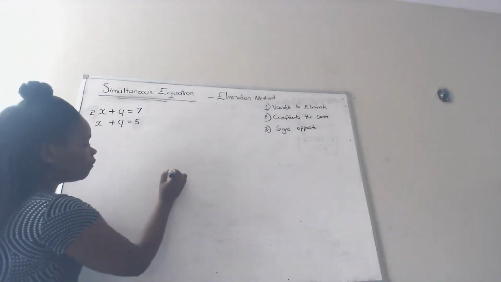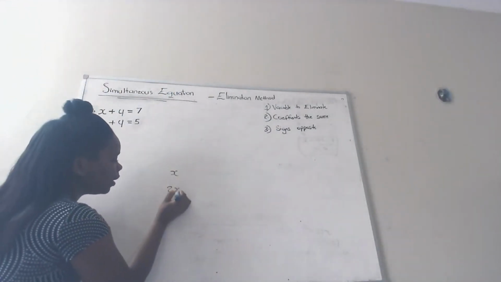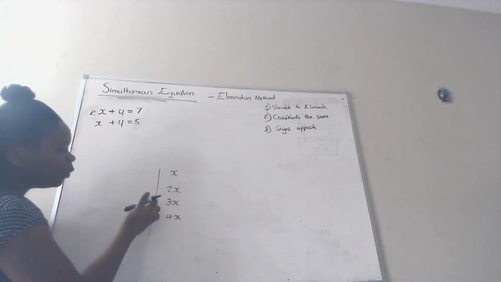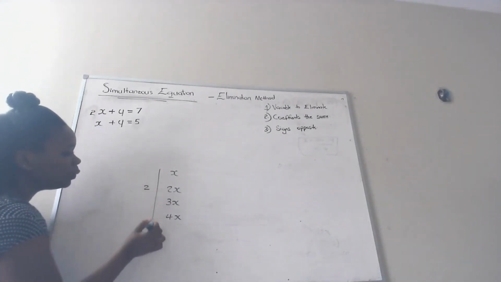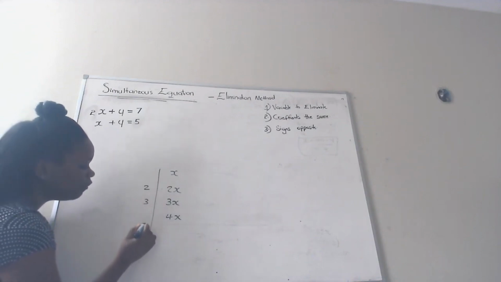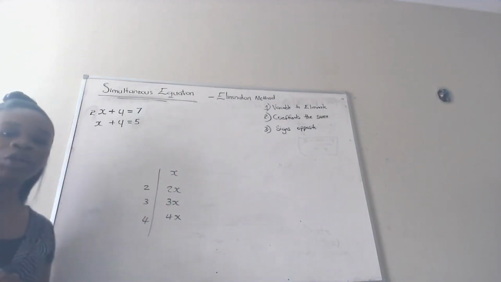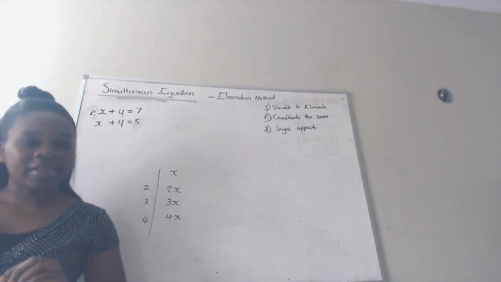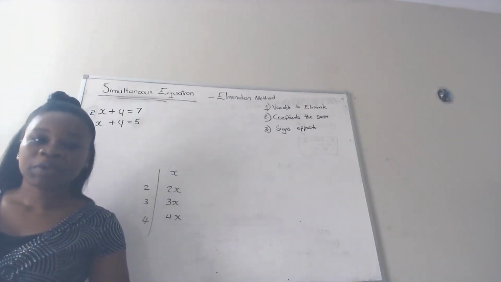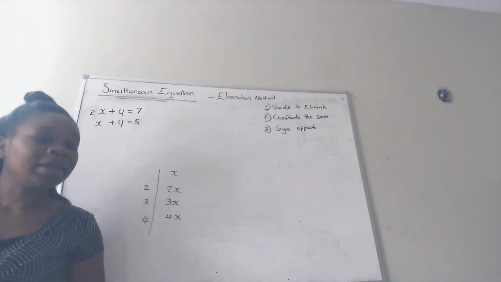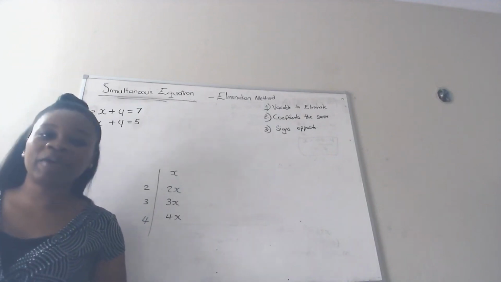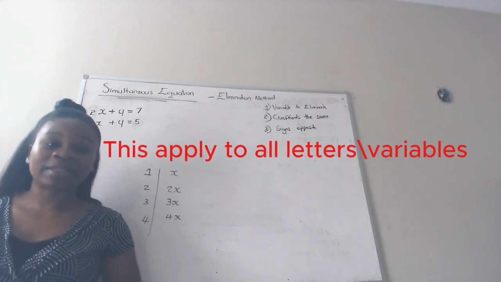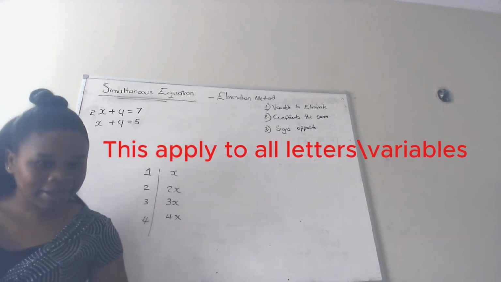For example, if I have x, 2x, 3x, 4x, the coefficient of 2x is 2, 3x is 3, 4x is 4. Now, what's the coefficient of x? I cannot see it. That's because it's invisible. So when you don't see it, it is invisible, and that coefficient is 1. So 1x is the same as x, but we call it x.